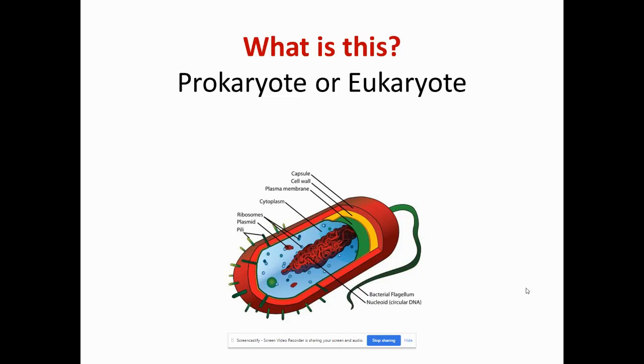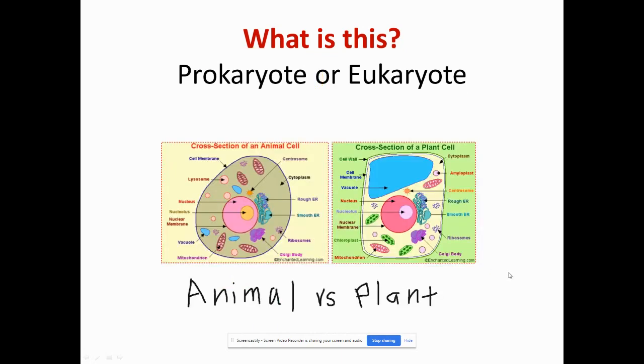What is this? Prokaryote or eukaryote? It's a prokaryote. The genetic material inside is not in a nucleus. What is this? Prokaryote or eukaryote? This is an animal cell. This is a plant cell.